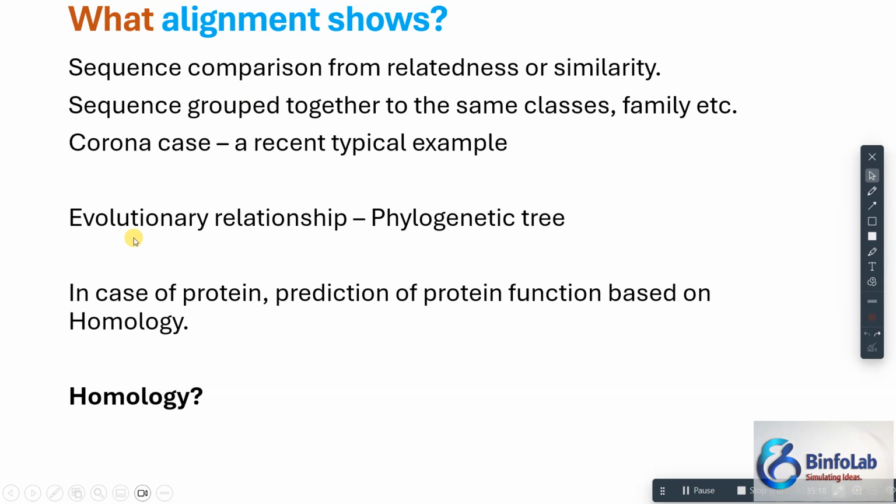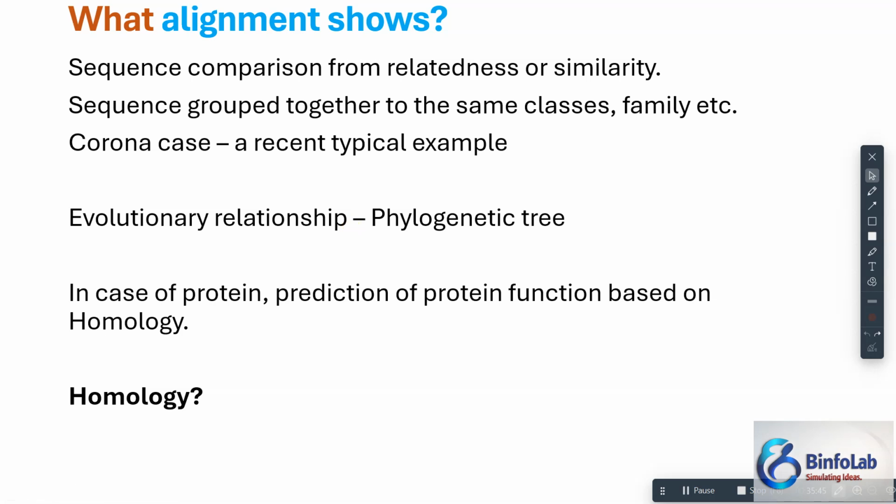Another thing, after performing multiple sequence alignment, we can also infer a phylogenetic tree or phylogenetic relationships, so we can comment on evolution. Also, alignment has a great deal of application in forensic science.